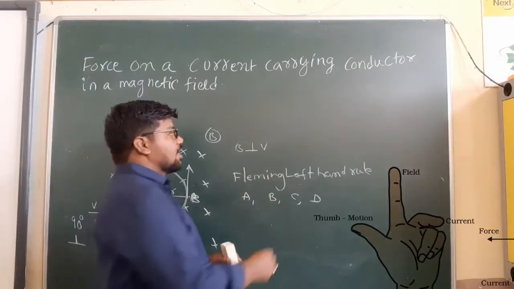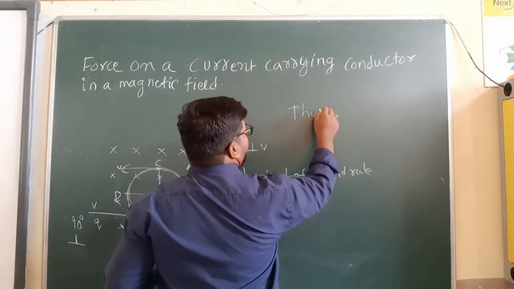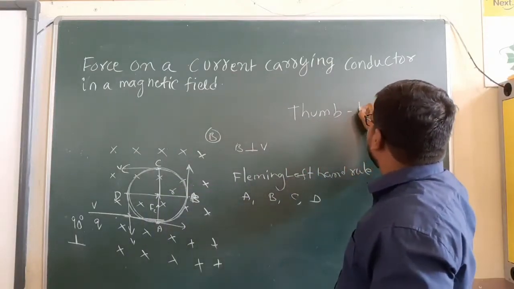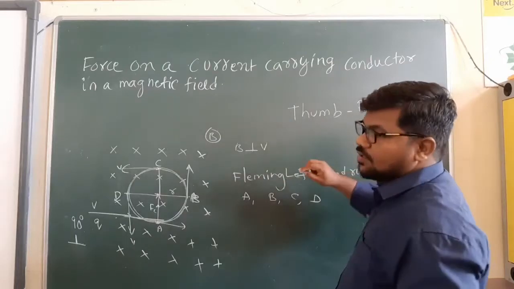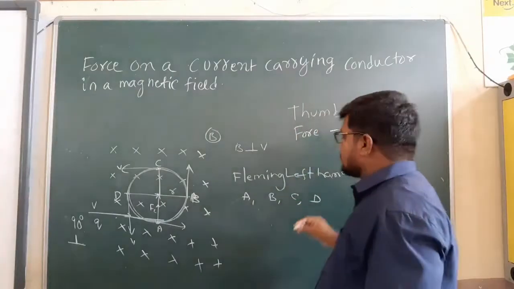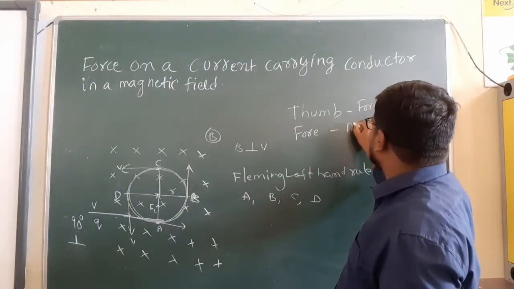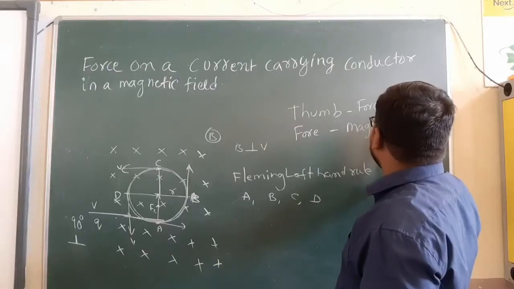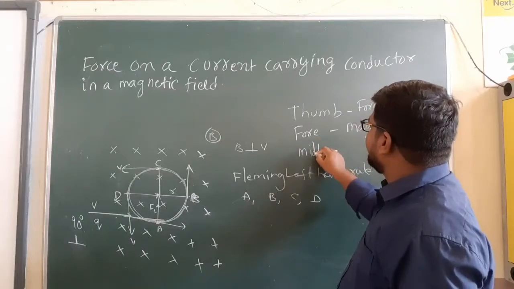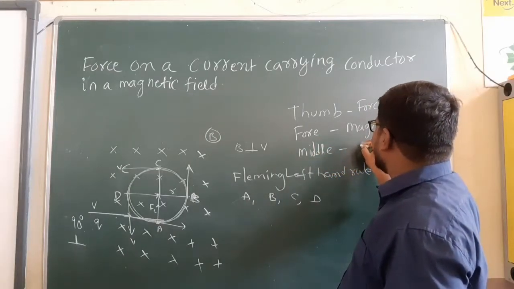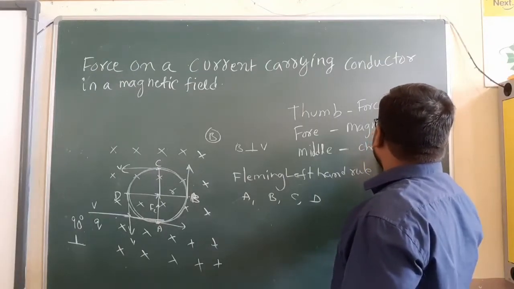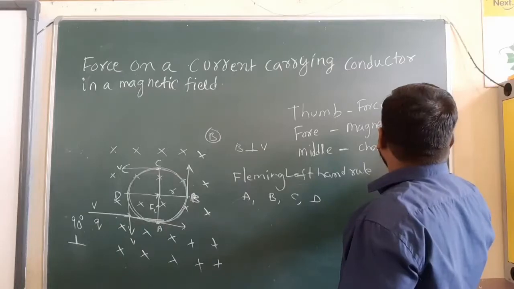Here the thumb refers to force, the forefinger refers to the magnetic field, and the middle finger refers to the direction of the charge, or motion of the charge.